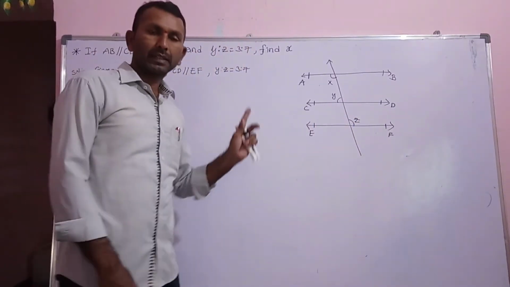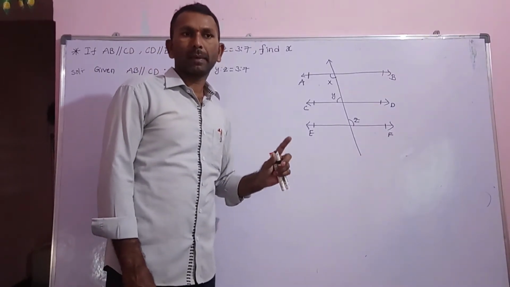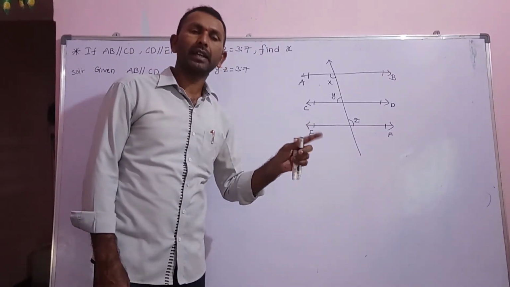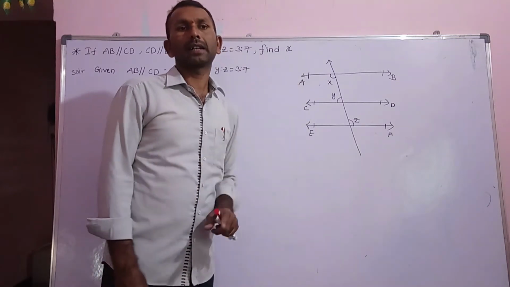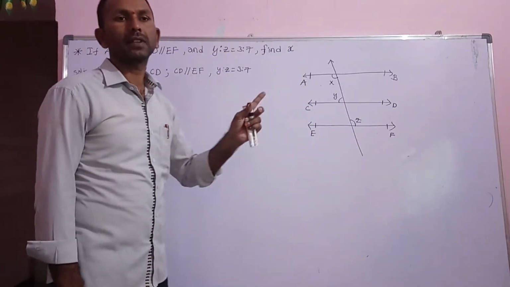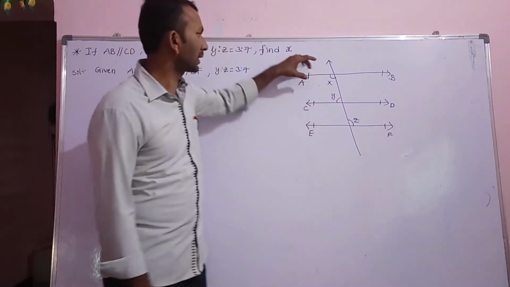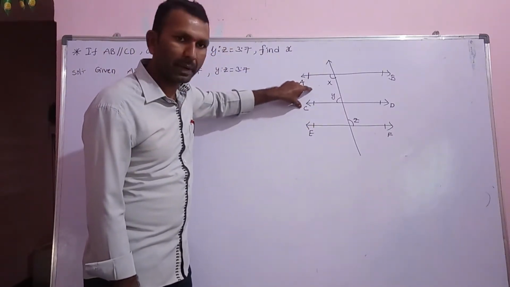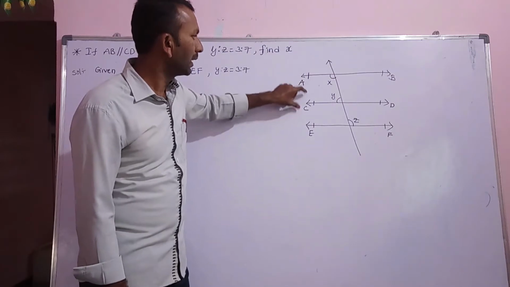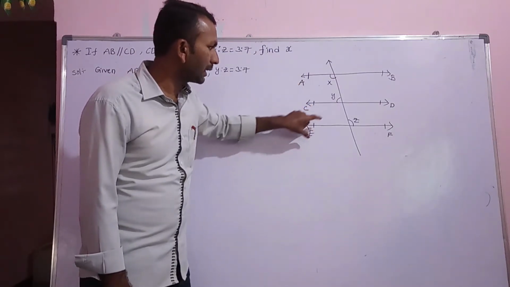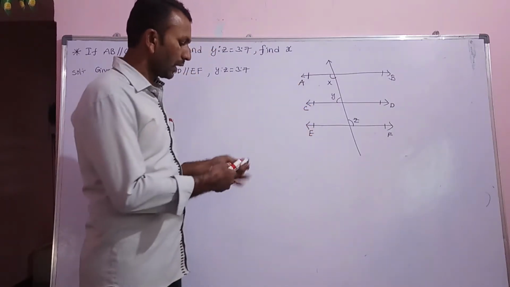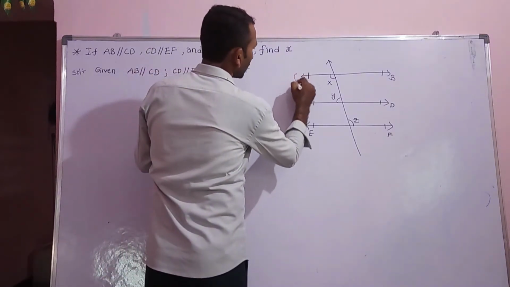We have learned the theorem: if two lines are parallel to each other, and another line is parallel to one of them, then both lines will be parallel to each other. That is theorem 6.6. If AB and CD are parallel, and CD and EF are parallel, then AB and EF are parallel.